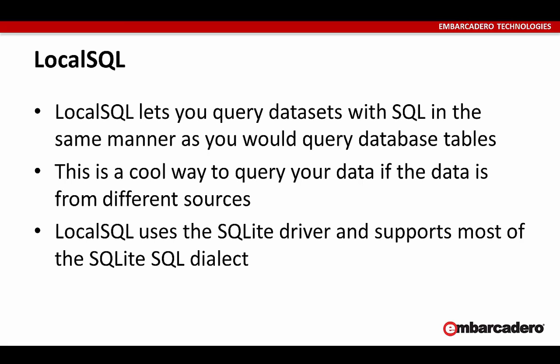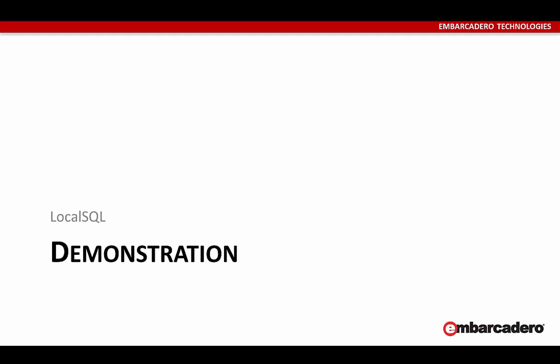To do this, you use the SQLite driver, and it supports most of the SQL dialect from SQLite. You cannot, however, use data definition languages, so you can't create tables, you can't drop tables, which I guess is probably a good idea anyway. So let's go ahead and see a demonstration on this.